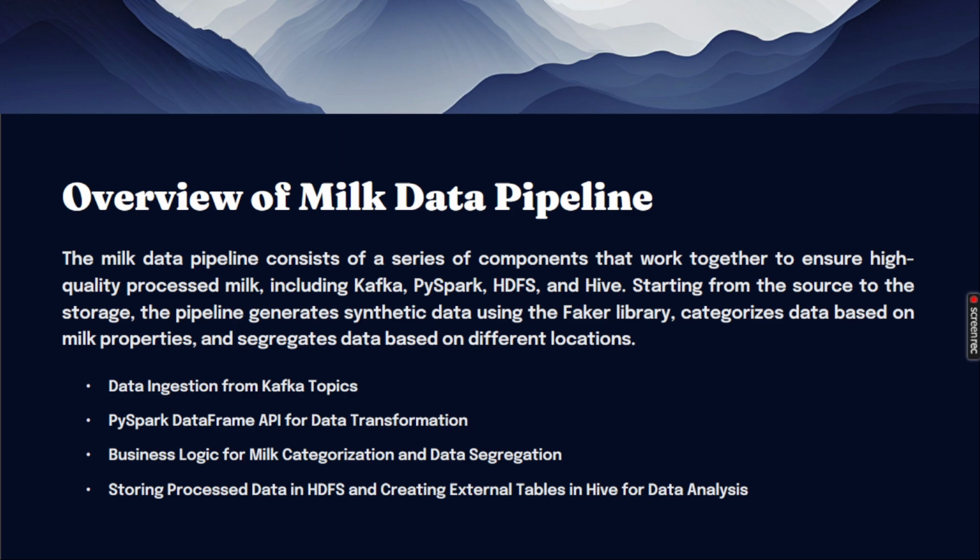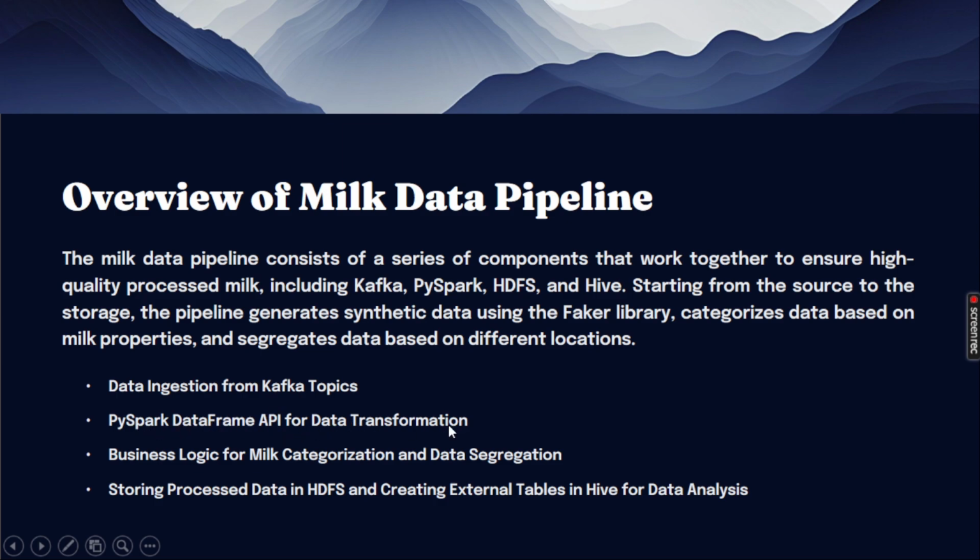Let's take a look at the overall project overview. In this project, different tools are used like Kafka, PySpark, HDFS, and Hive. Using Kafka, data is ingested into the system. This data is transformed using the PySpark DataFrame API.